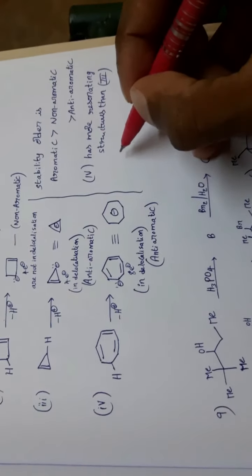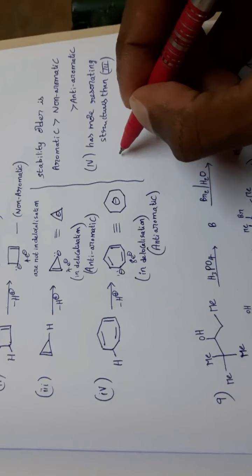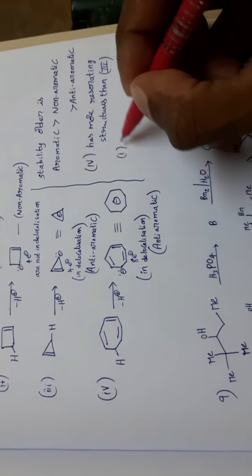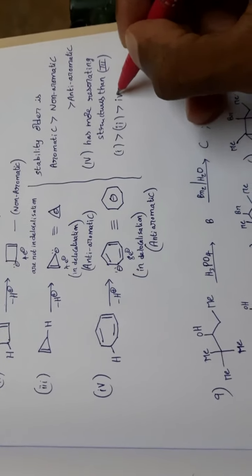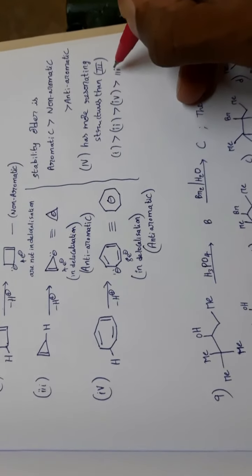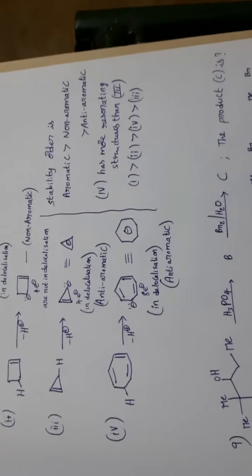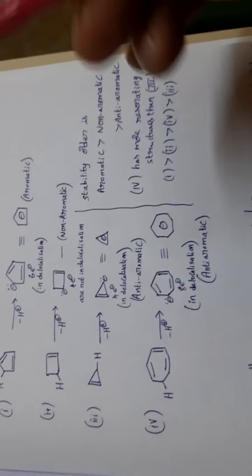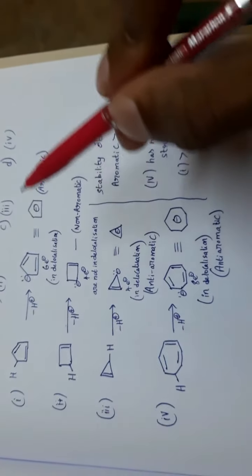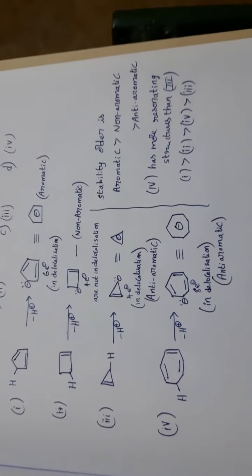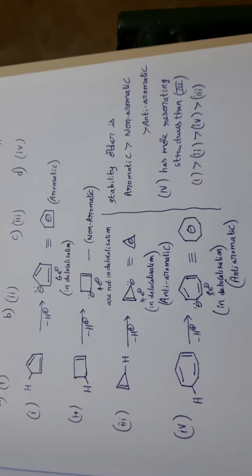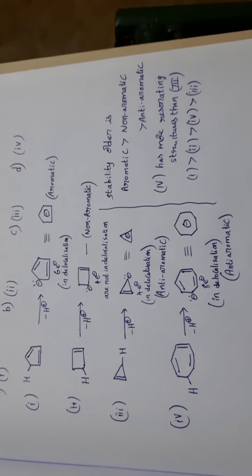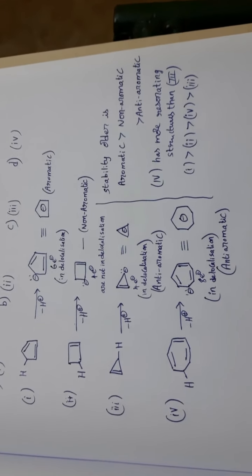So stability order is, first one is aromatic greater than second one greater than fourth one greater than third one. Now this is the stability order. Here after donating proton, the formed anions having these stability means, which anion having more stability, that corresponding compound can donate proton easily.